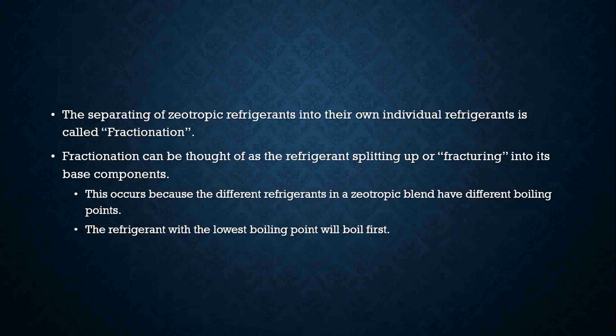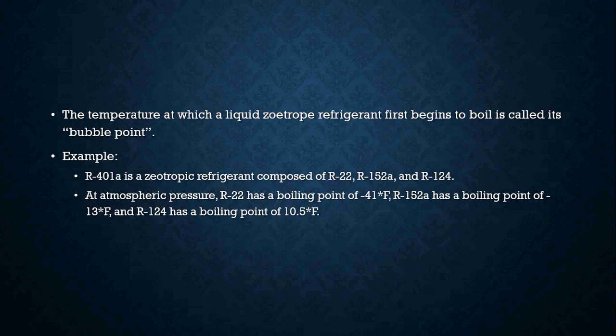Okay, this occurs because the different refrigerants in zeotropic blends have different boiling points. The refrigerant with the lowest boiling point is going to boil off first. One way we can figure out the different boiling points of the different refrigerants is by using a temperature pressure chart. That temperature pressure chart gives us a baseline temperature and a baseline pressure at which that refrigerant is doing a specific task.